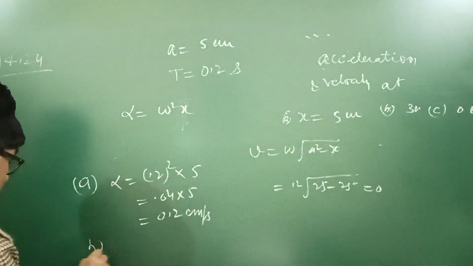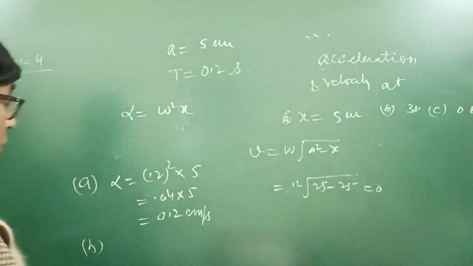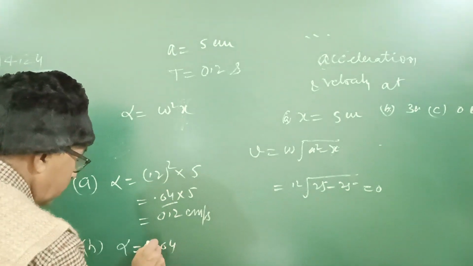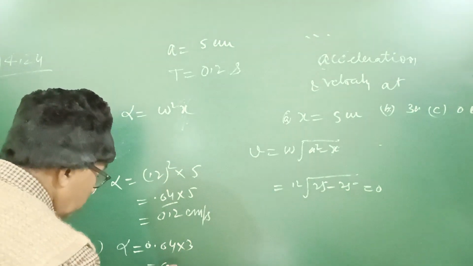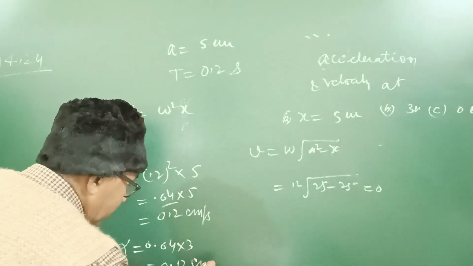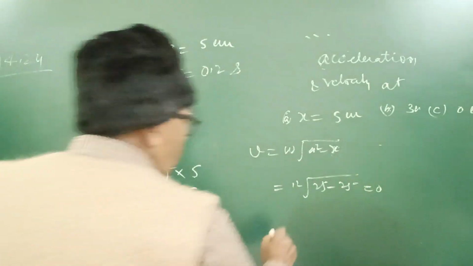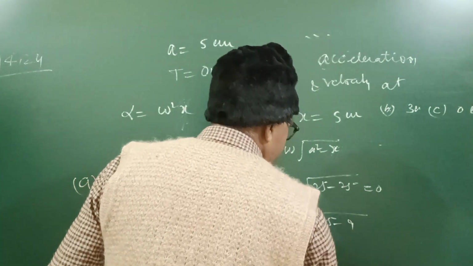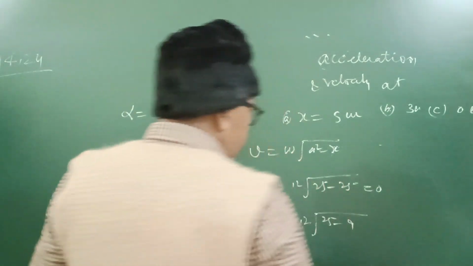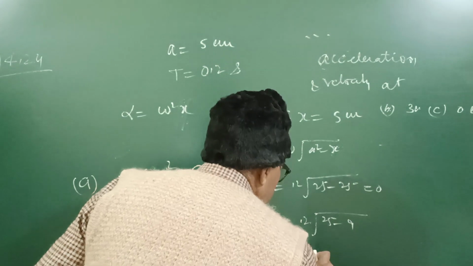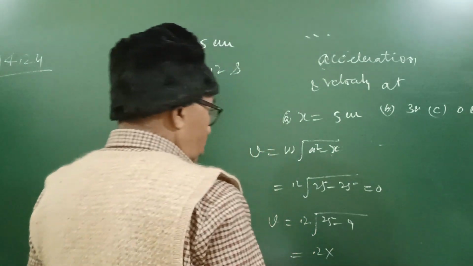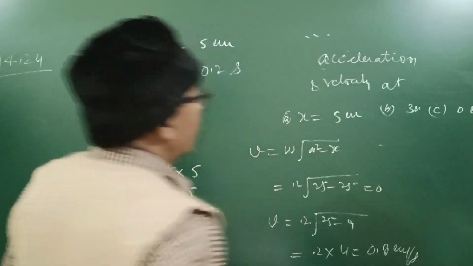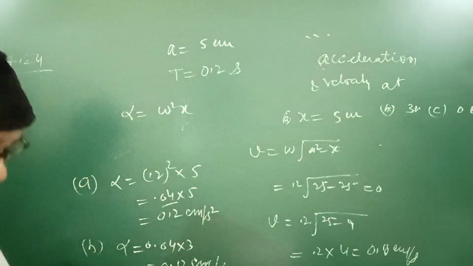B part, at x equal to 3, alpha equal to omega square, so 0.04 into 3, that is 0.12 centimeter per second square. Sorry, I missed it here. Velocity in B equals 0.2 into under root 25 minus 9, that is 16, which is 4. So it is 0.2 into 4, that is 0.8 centimeter per second.